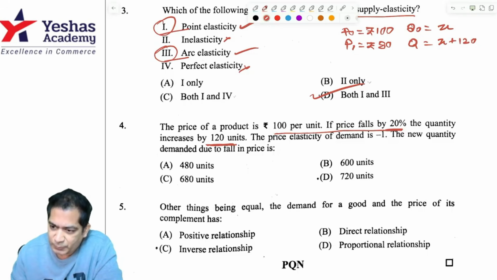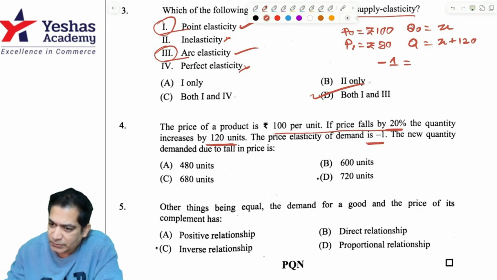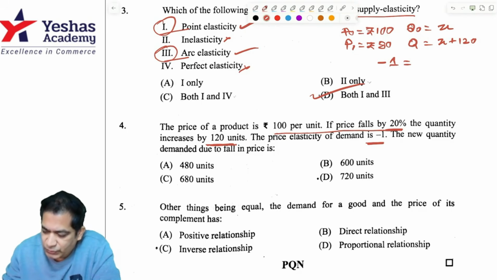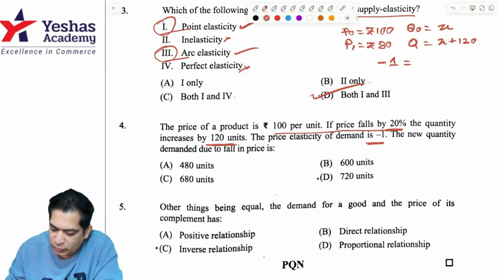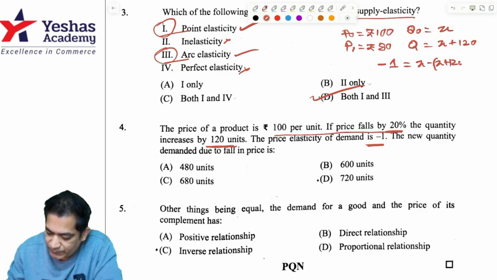Now if we apply the proportionate method formula, they've given that the price elasticity of demand is -1. So can I write here -1, that is the elasticity of demand, is equal to, now we have to apply the formula, Q0 minus Q1 divided by Q0 into P0 divided by P0 minus P1. So Q0 minus Q1, that is X minus X plus 120, sorry.